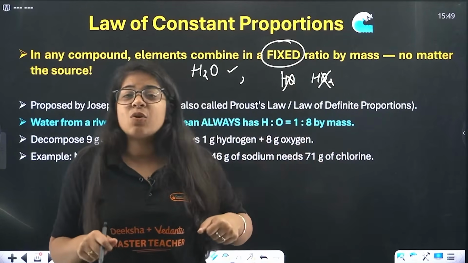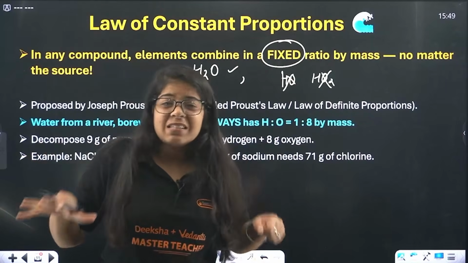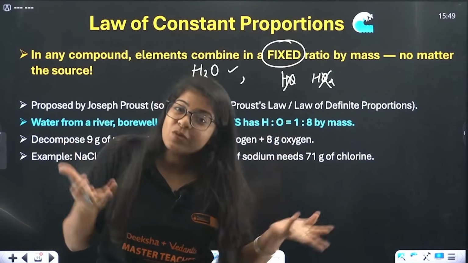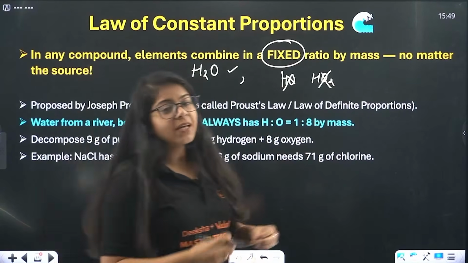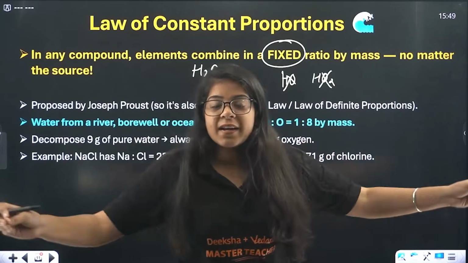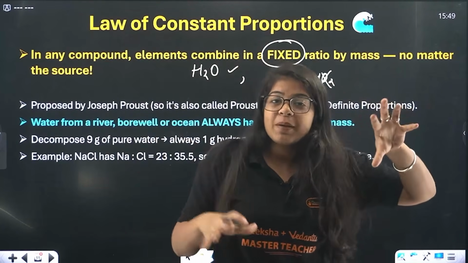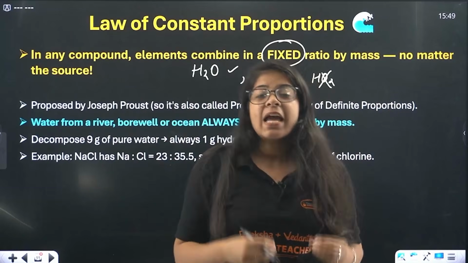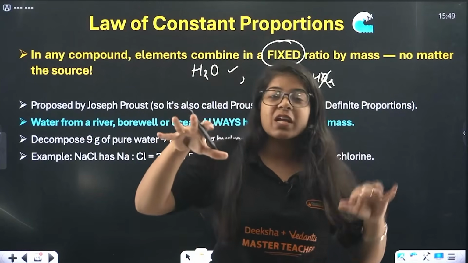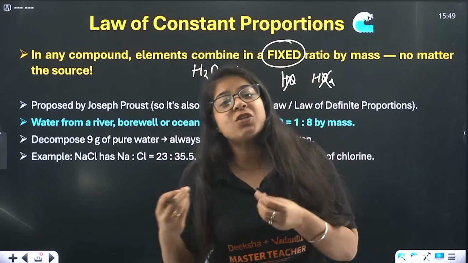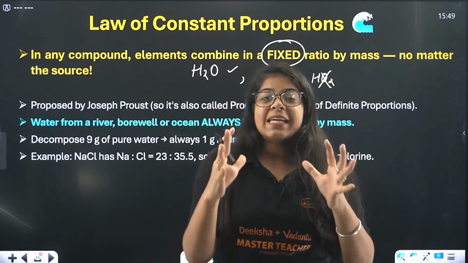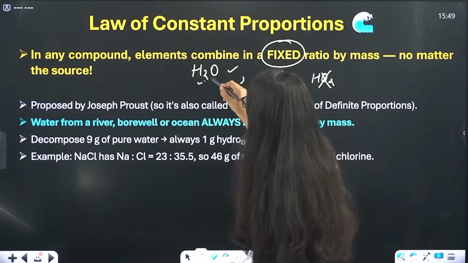In some lake is also H2O. In some very dirty sewer, it's also H2O. So, water that you find anywhere, it will be H2O. Hydrochloric acid you find in Germany or India, it will be HCl. H2SO4 you found in Australia or India or Spain, it will be H2SO4. So, these elements, they combined in a fixed ratio.